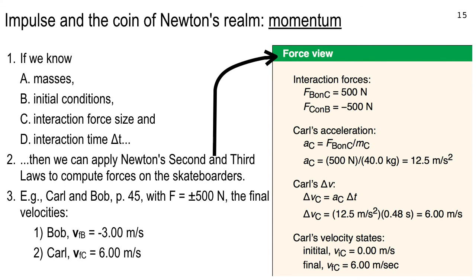Now, in the force view, you can use F equals ma and the third law and get a lock on all these numbers. And in that example, we were shooting for final velocities for both guys. And we saw that up here in the front.